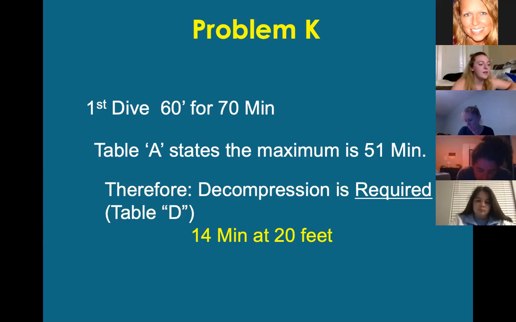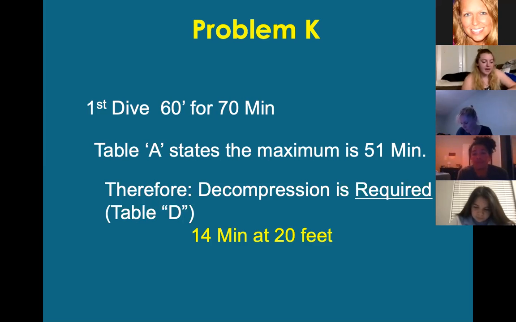So obviously we need to use table D, and we need to look back here. 60 feet for 70 minutes. On our table, we have a 60 and a 70, and it tells us the time to first stop, decompression stops at 20 feet, and then the total ascent in our repetitive group.